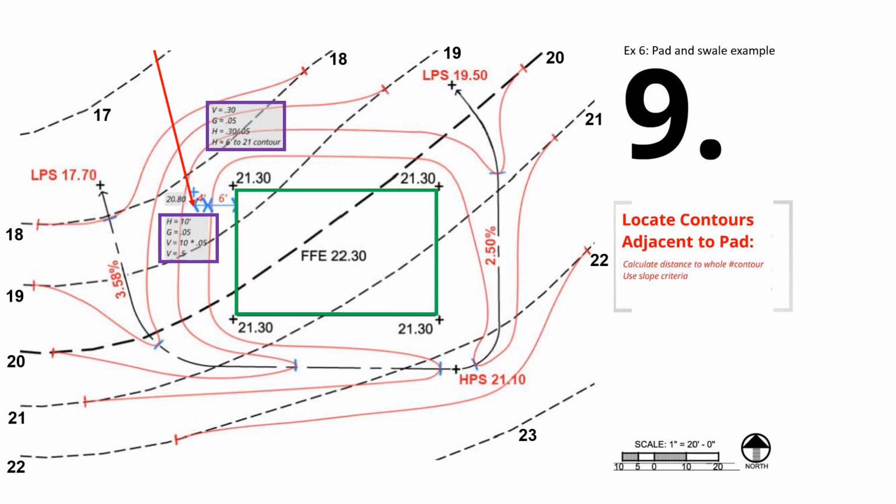So the elevation change from the pad edge to this spot should be 0.5 feet. And so the elevation of that spot is 20.80. And remember that this spot has to be marked in your grading plan for exercise 6 to be able to maintain 5% maximum slope for the entire 10 feet away from the building.